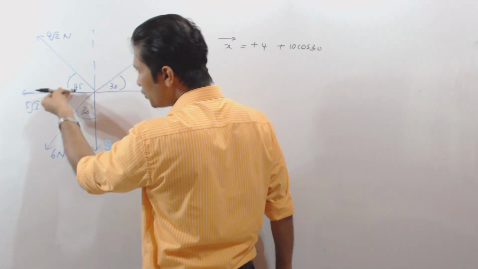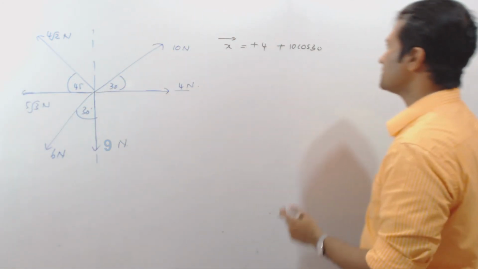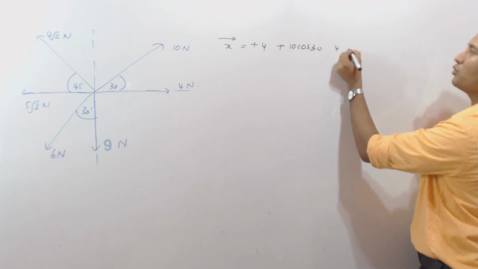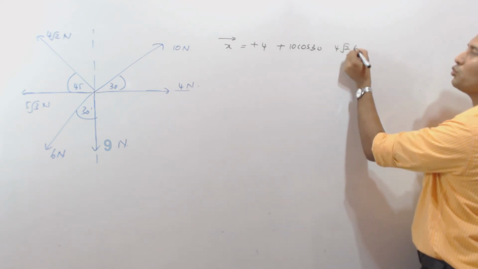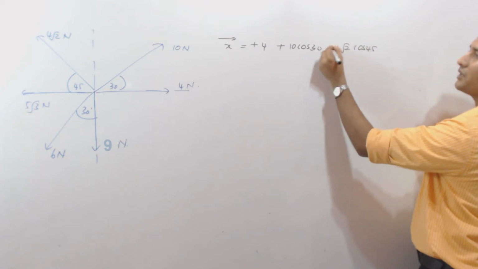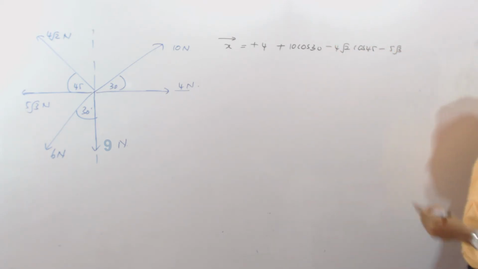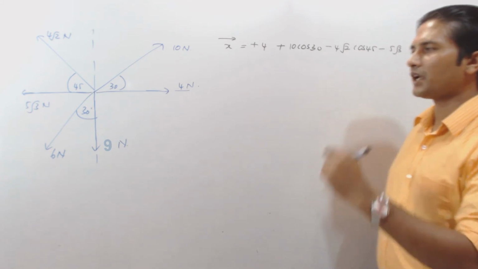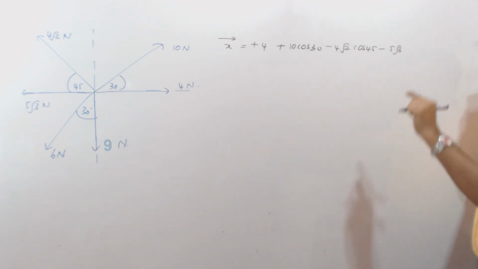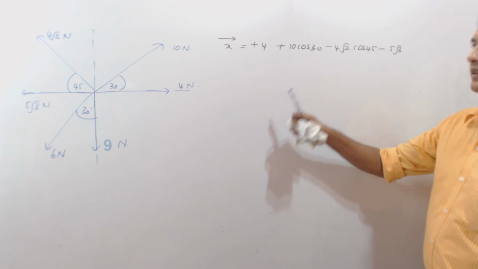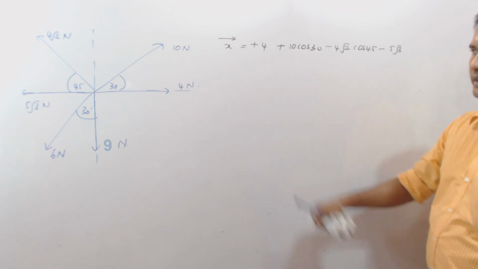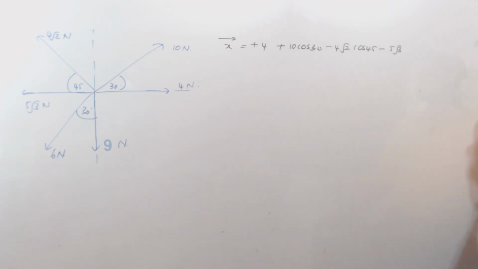Considering 4 root 2 along the x-axis, it should be towards the angle, 4 root 2 cos 45, it should be negative, and 5 root 3 again negative, and 4 newtons also negative.